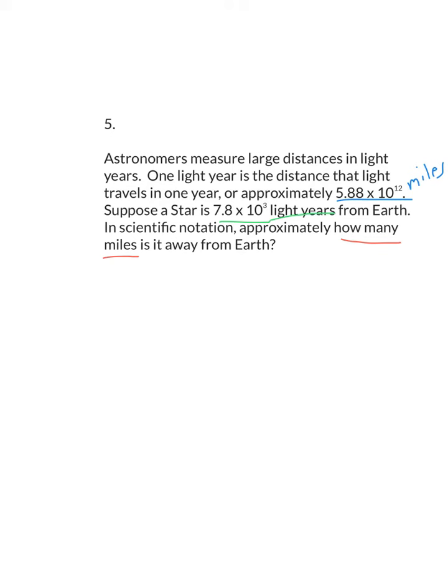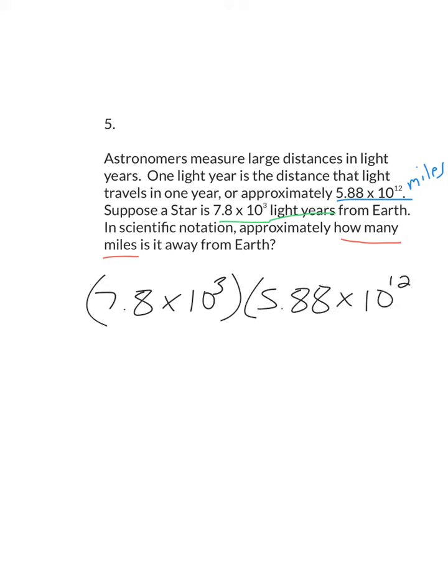If I want to find the number of miles, I'm just going to multiply these 2 numbers together. We did something like that earlier. So 7.8 times 10 to the 3rd times 5.88 times 10 to the 12th.